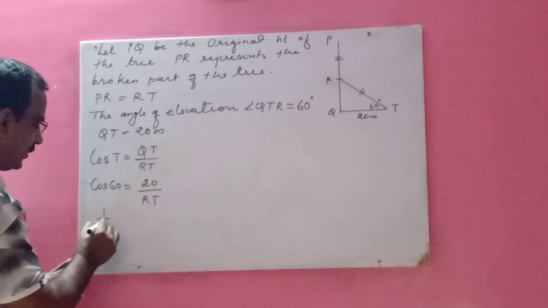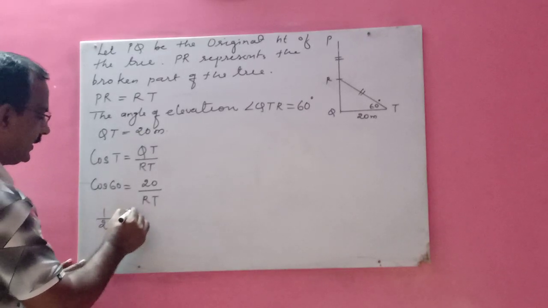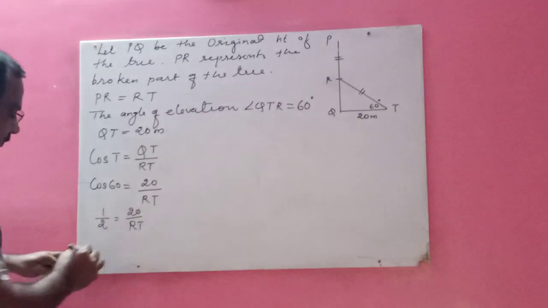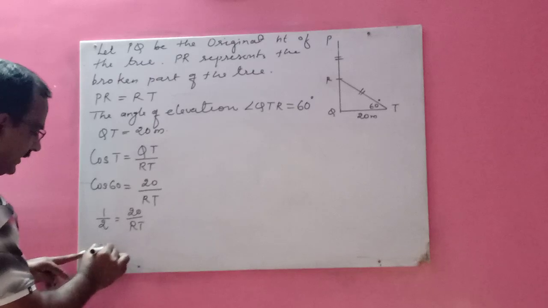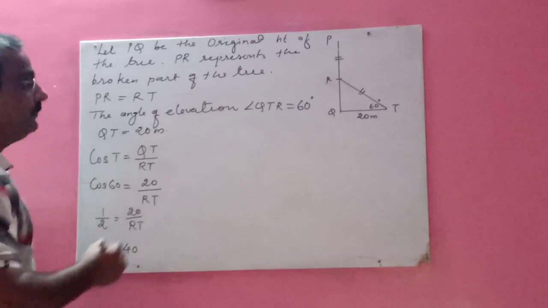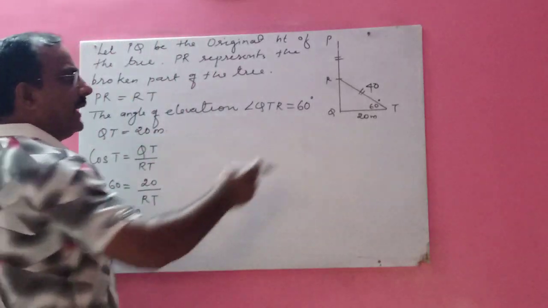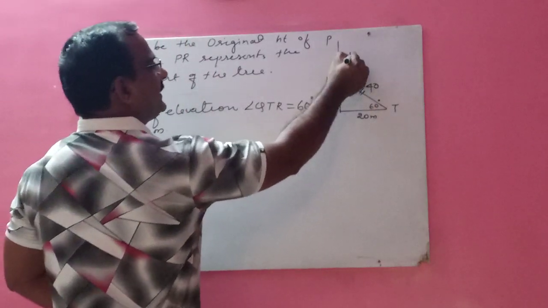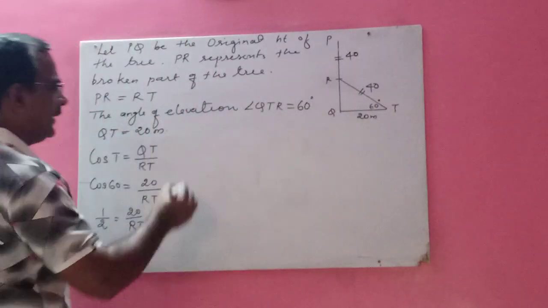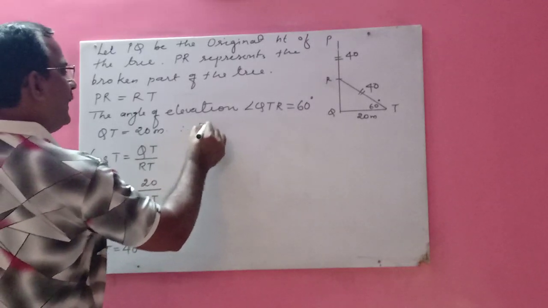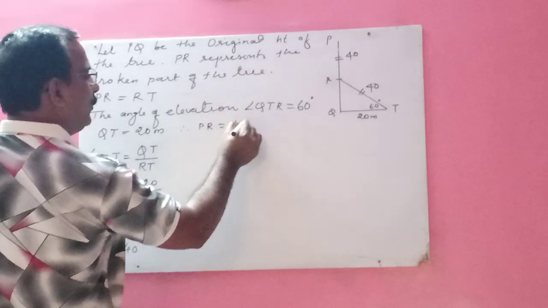Cos 60 is equal to 1 upon 2. It is 20 upon RT. Cross multiply, so RT is equal to 40. And if this is equal to 40, then this length is also equal to 40. So therefore you can say that PR is equal to 40.